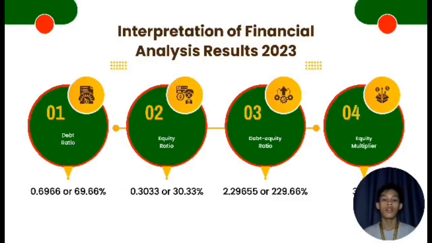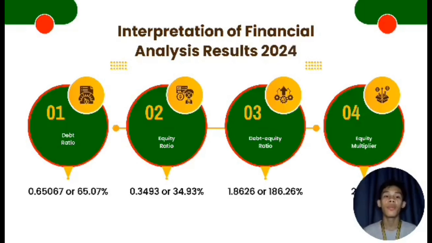So moving on to my interpretation of the financial analysis, specifically the solvency ratio of the Del Monte Food Corporation, for the fiscal year 2023, the debt ratio was 69.6%, meaning a large portion of their assets was financed by debt, which is very bad. By 2024, this improves slightly to 65.7%.